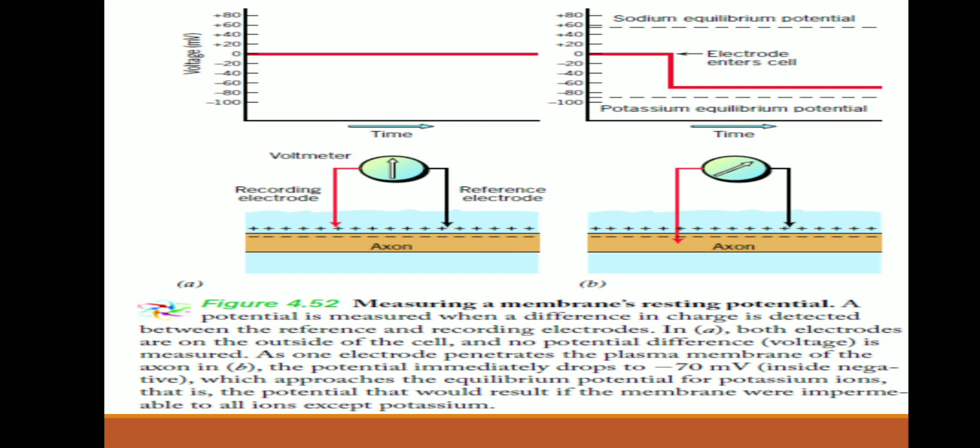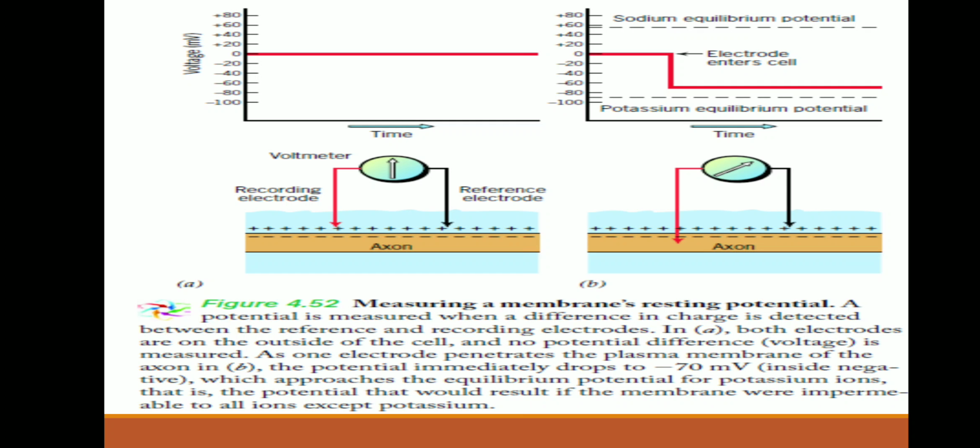As we know, sodium potassium is the main ion channel in the membrane of the resting neuron that is responsible for the generation of the voltage across the membrane.